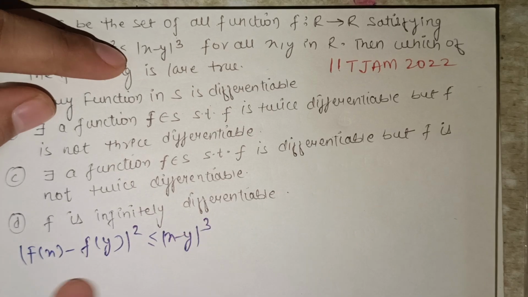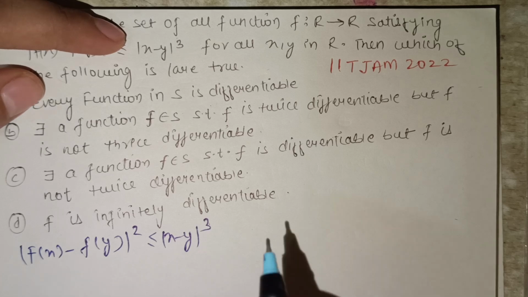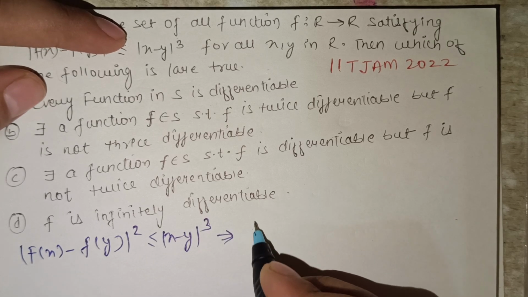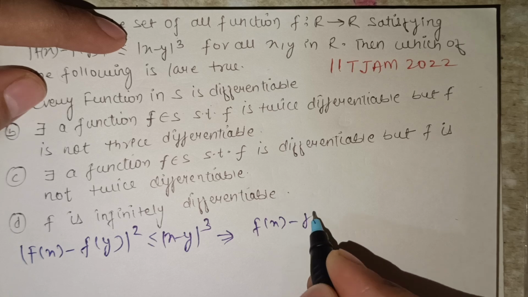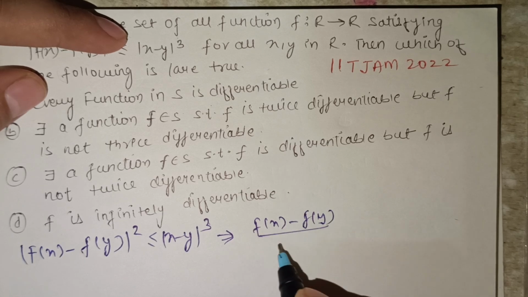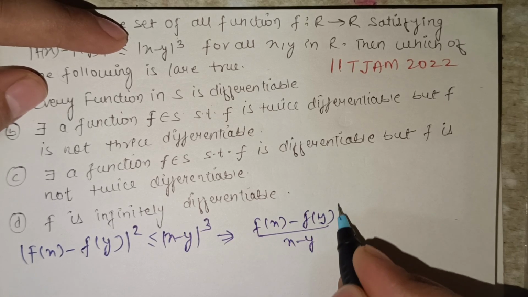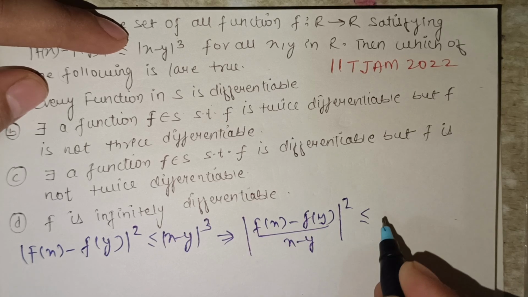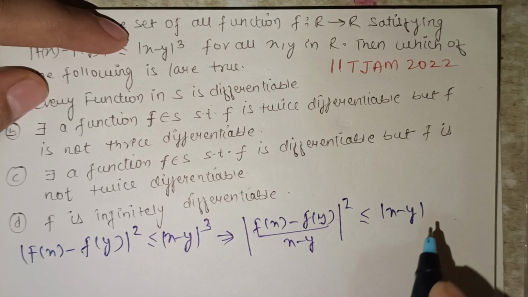If we divide by the square on both sides, we get |f(x) - f(y)| upon |x - y| squared is less than |x - y|, right?